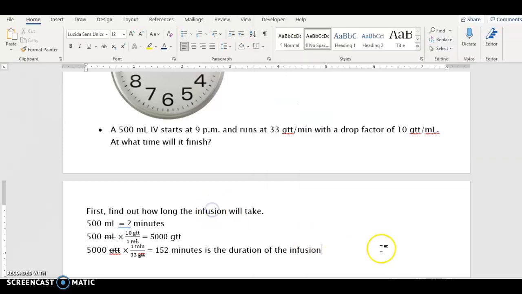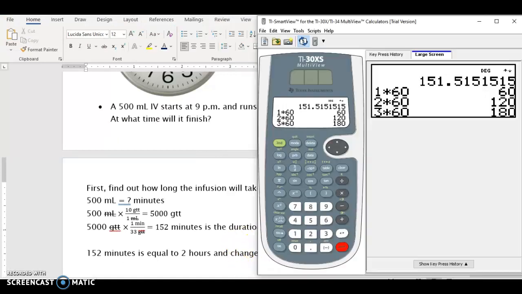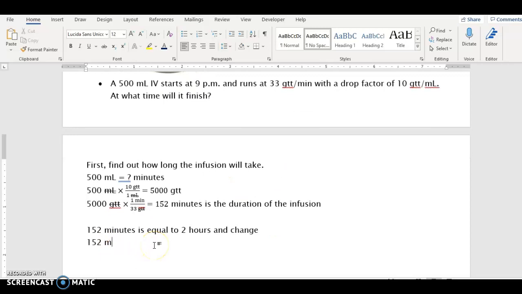So 152 minutes is equal to 2 hours and change. There's some number of minutes left over. Notice it's between 2 and 3 hours, so 2 hours and a certain number of minutes. Since we know there are 120 minutes in 2 hours, we're going to do 152 minus 120.